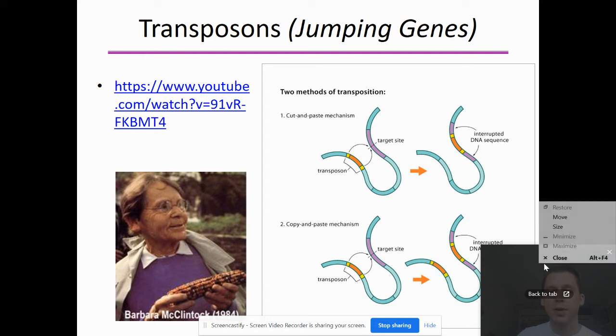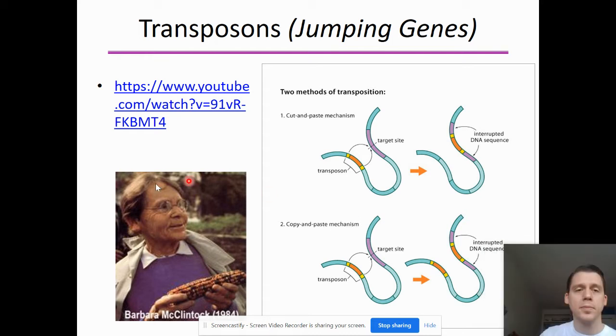There's a picture of Barbara McClintock there, and here is how her discovery of transposons worked. Here's the transposon, here is the target site. The transposon is going to copy itself and move over here. The bottom one is the copying itself. The top one is simply cutting this transposon out and pasting it into the target site.